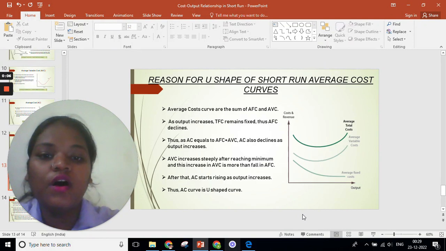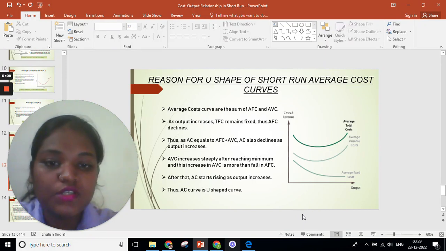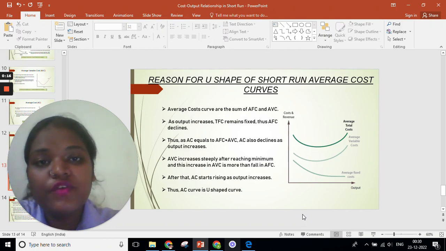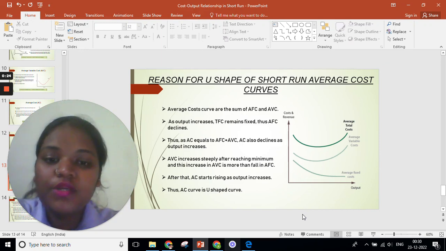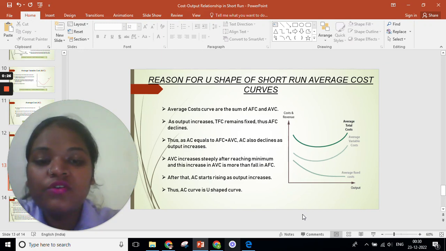What are the reasons for the U-shape of short-run average cost curves? Average cost is the sum of average fixed cost and average variable cost. As the output increases, total fixed cost remains fixed, thus average fixed cost declines. As average cost equals average fixed cost plus average variable cost, average cost also declines as the output increases.